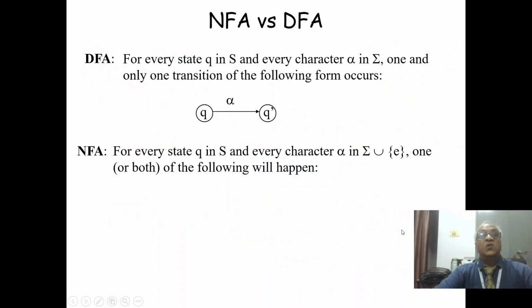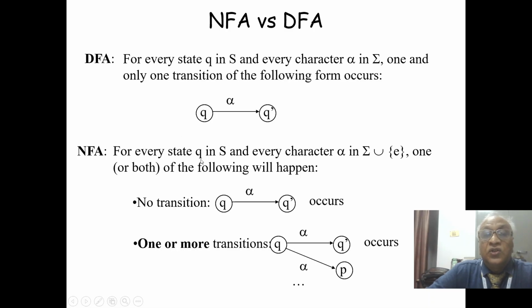So here we'll try to highlight the differences between NFA and DFA. So let us say this is my DFA, okay? And what is Q? This Q is a state and alpha is the input alphabet, okay? So there is only one transition for this Q and alpha. And in NFA, what happens is there is no transition, or there is one or more transitions.